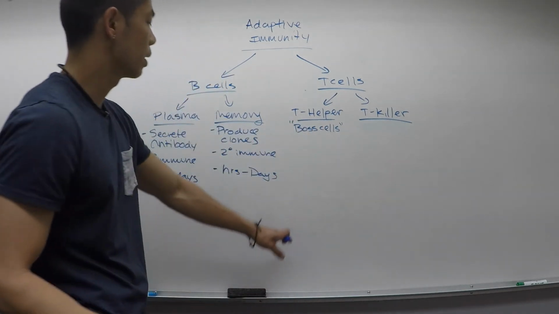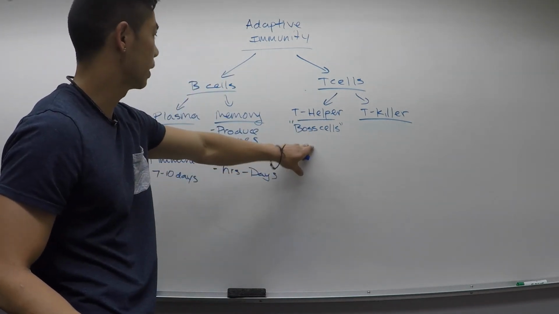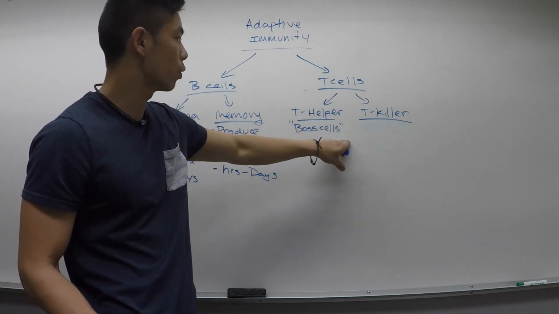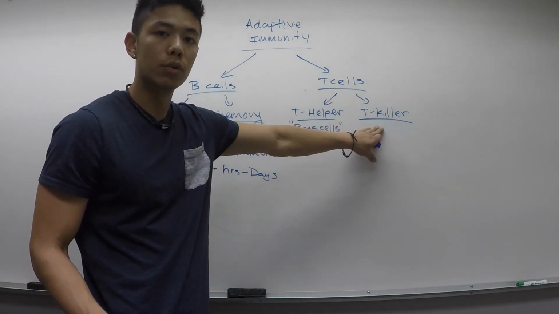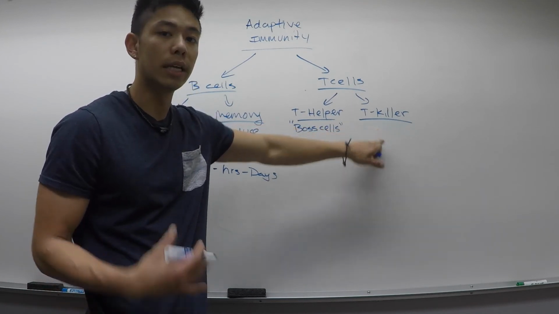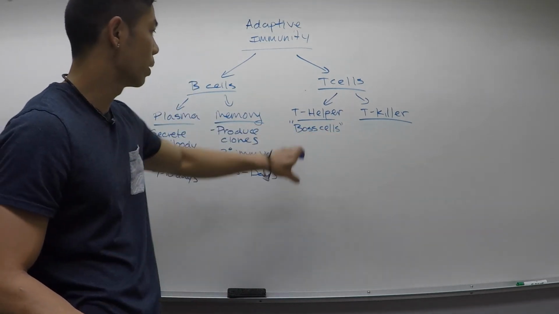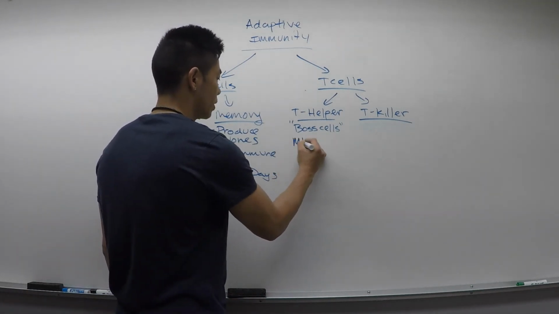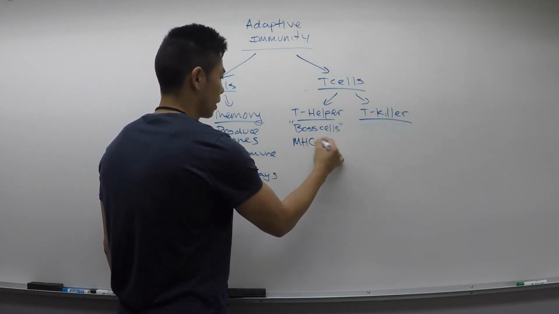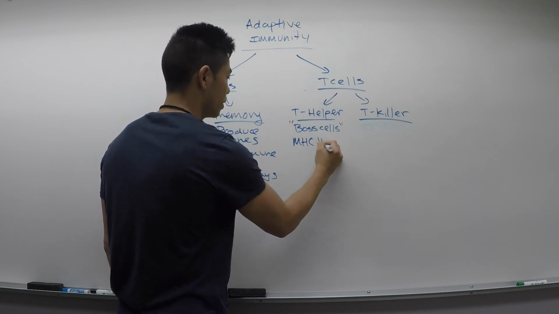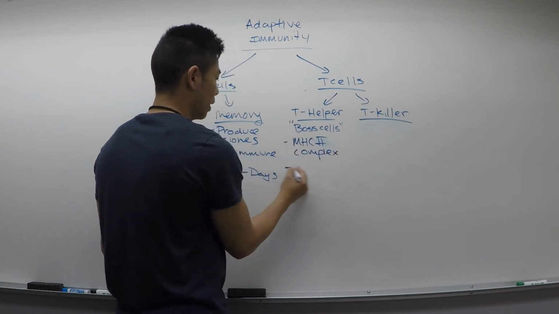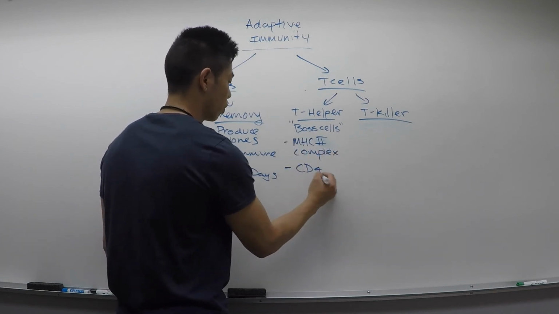They're going to be the ones that release the signal to produce these B cells, but they're also going to release signals to tell our T killer cell to kill its cells. One important thing with the T helper cells is that they're going to recognize our MHC2 complexes. And they're also going to have CD4 proteins.